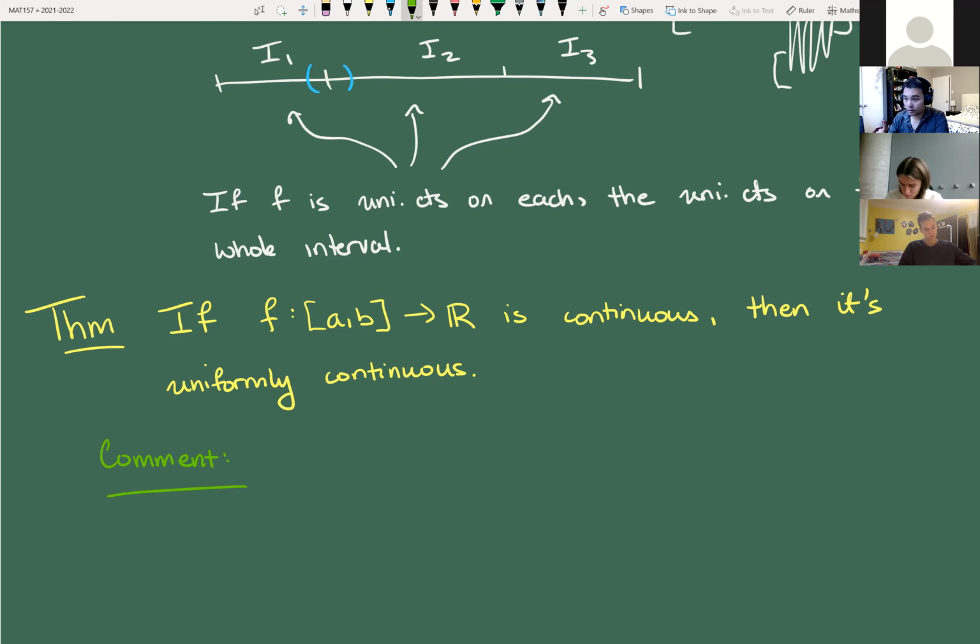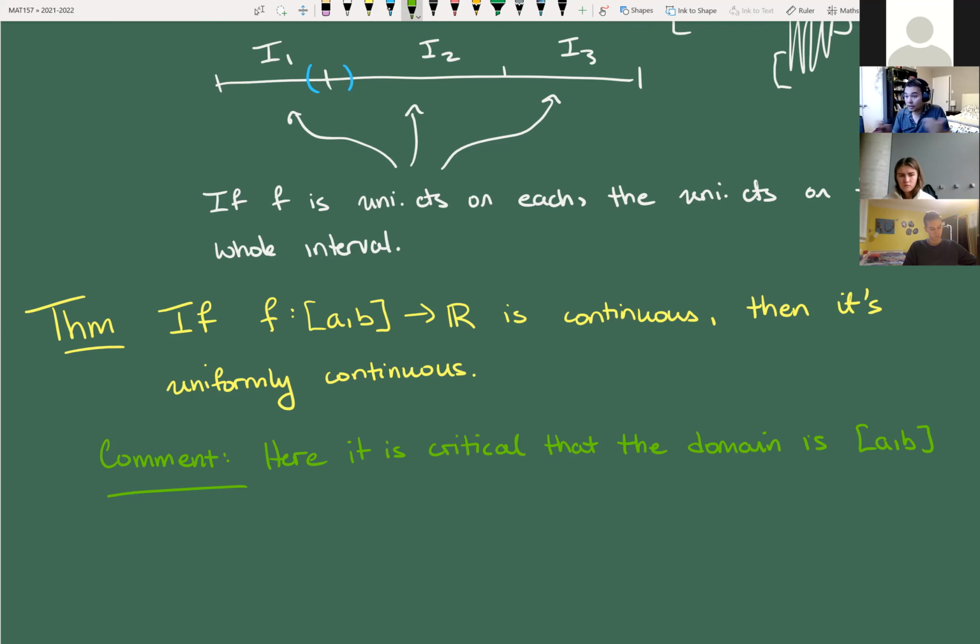Here it's critical that the domain be the closed bounded interval AB. It is critical that the domain is AB, right?